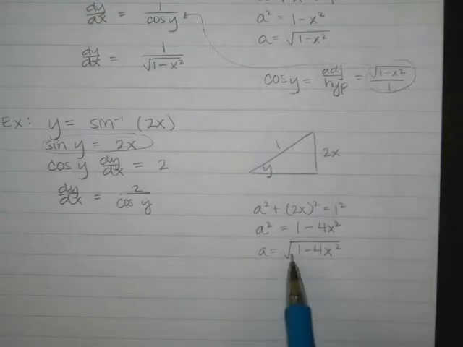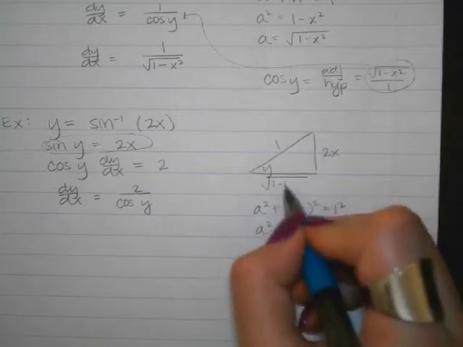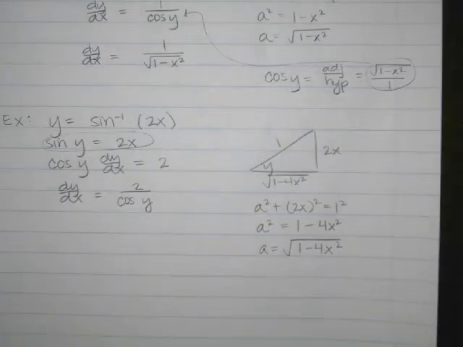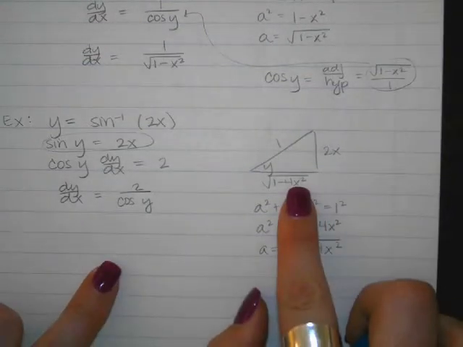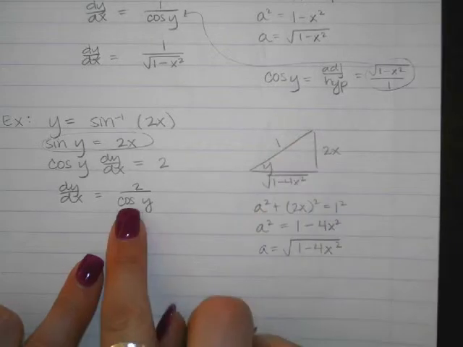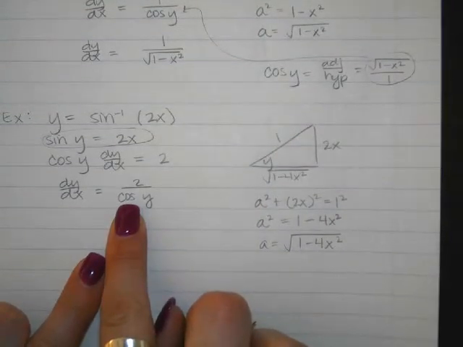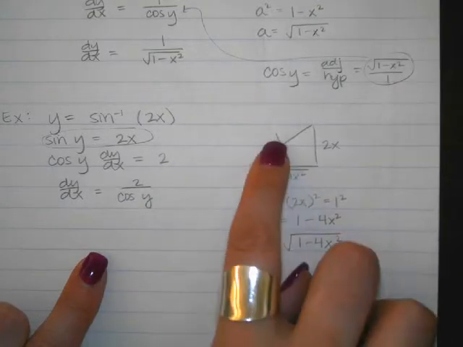All right, so the third side is the square root of 1 minus 4x squared. And then how do we get this information to come over here? Yeah, so this side would be adjacent over hypotenuse, right?